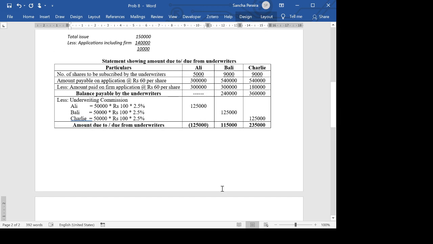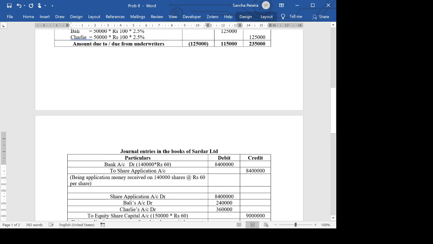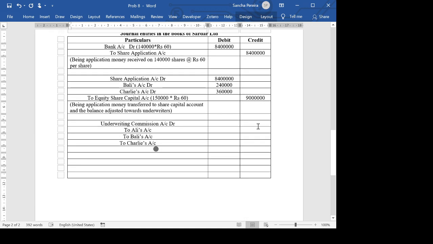Okay, so if you see, all of them have an equal underwriting commission of 1,25,000, 1,25,000, 1,25,000, and 1,25,000. So that will come to 3,75,000.